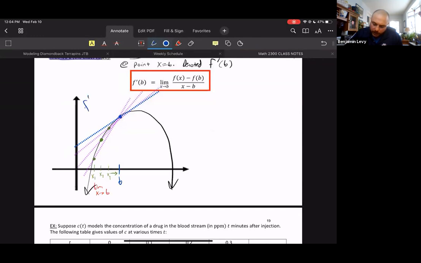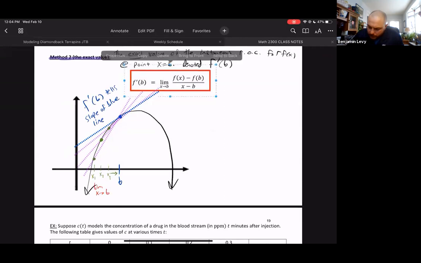And so what I'm trying to say here is f prime of b tells the slope of the blue line. And we obtain it using this concept of a limit. It doesn't look great. Let me try to adjust that a little bit here.